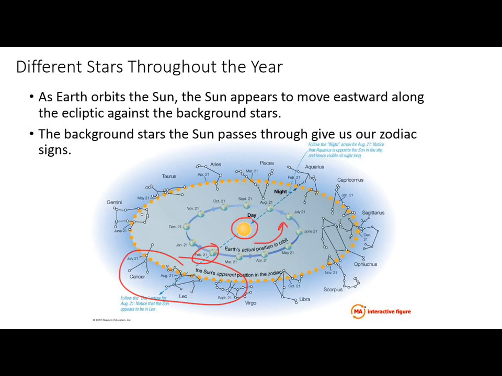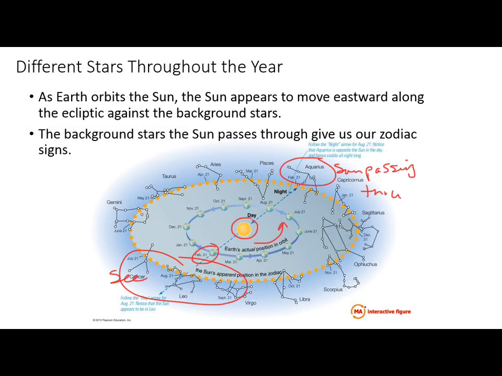By the way, your author picked these because you might recognize them: if you're into astrology, they are zodiac signs. So we see these stars here, but the sun appears to pass through Aquarius. The sun is passing through in February.